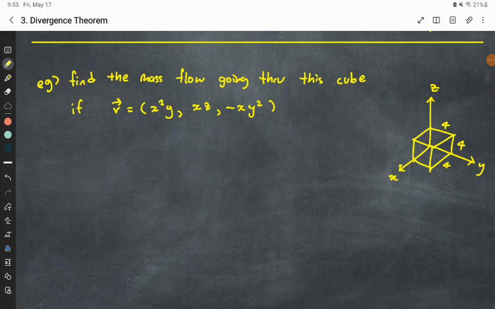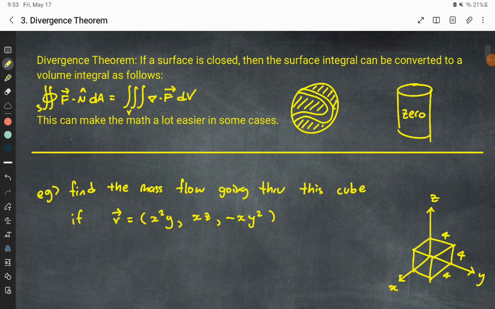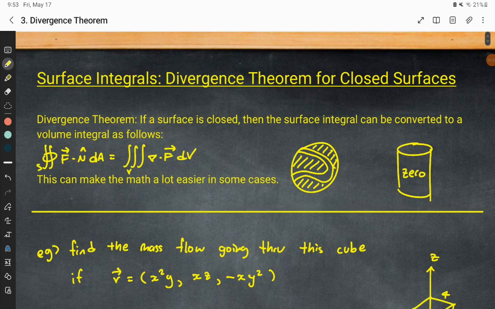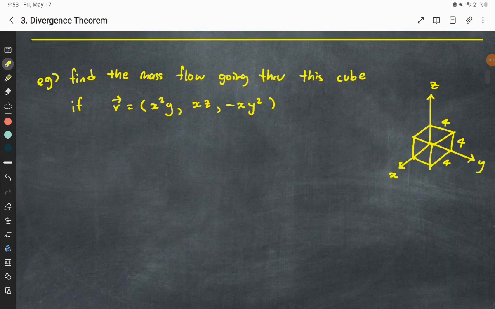One thing I wanted to mention before I go over this example is why we use the divergence theorem. Let's say we wanted to evaluate the surface integral for this cube and this vector field.